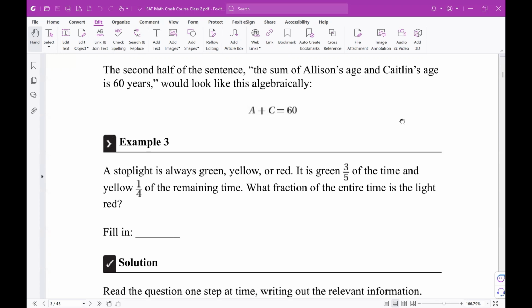We can introduce a new variable for the total time, t, and it is green 3/5 of the time. So the green light time period is 3/5 of t.